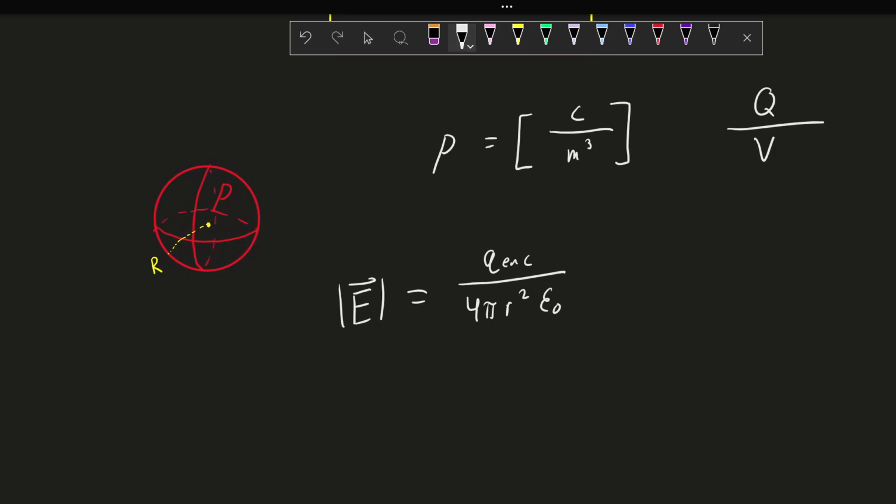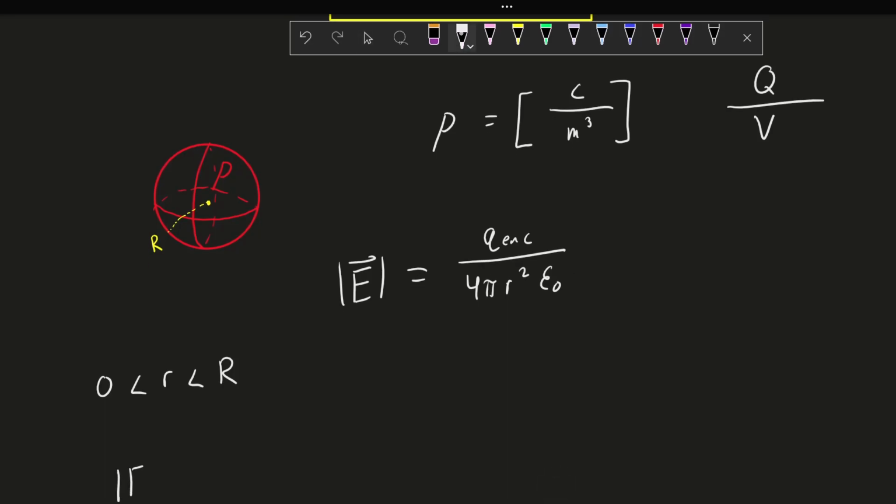So now for this case, if we want to find the electric field on the interval where 0 is less than r, we would say, okay, E equals charge enclosed. Now, what is our charge enclosed?